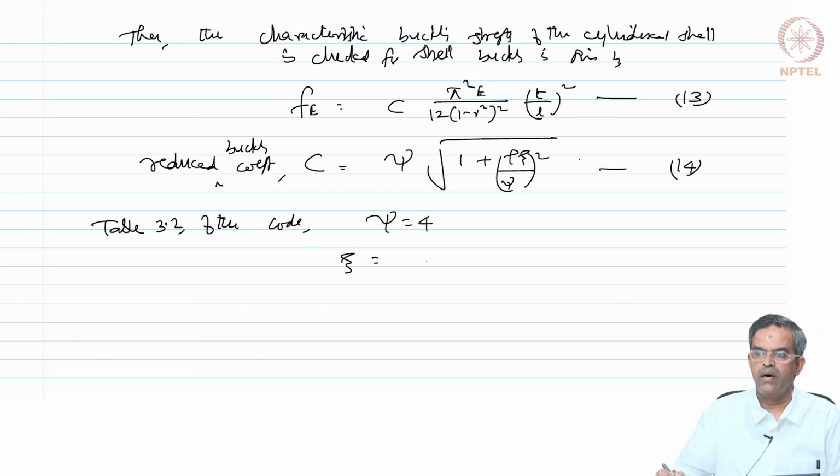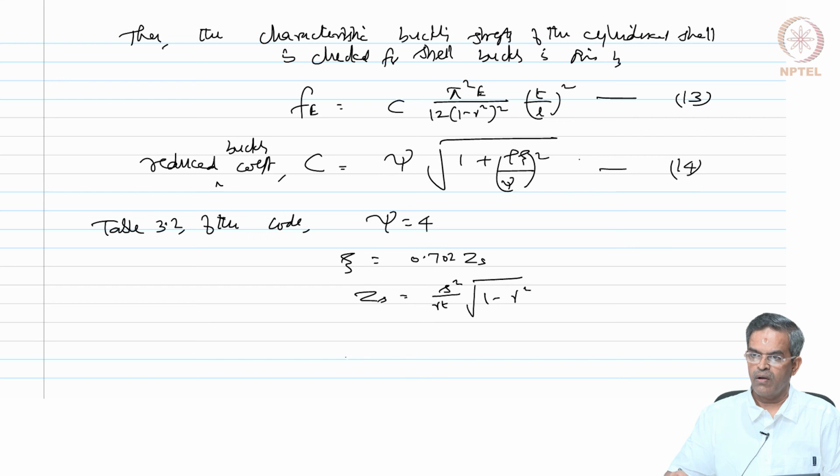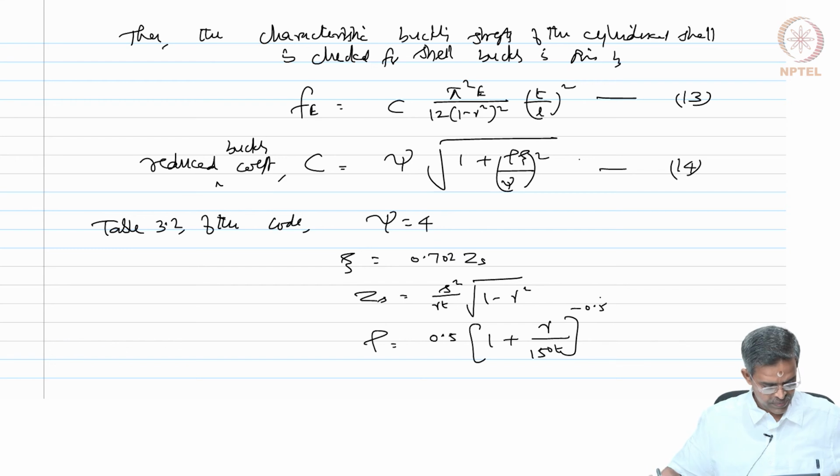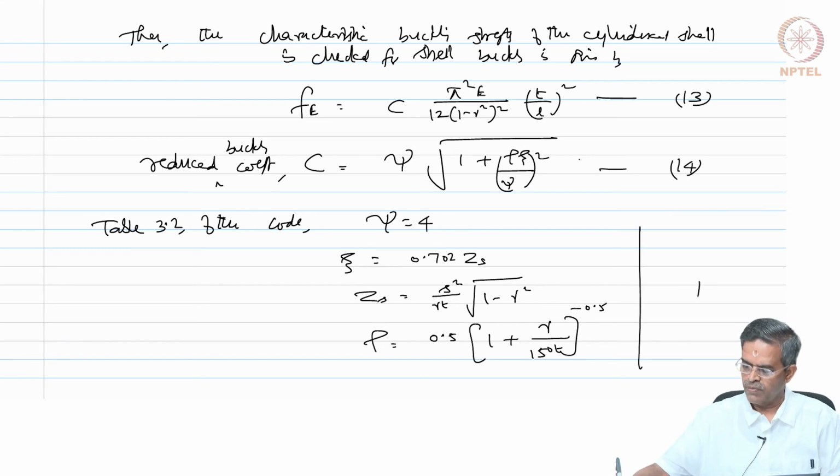So, zeta will be 0.702 Zs. Zs is S square by RT times root of 1 minus nu square. Rho is 0.5 square root 1 plus R by 150 T minus 0.5. We call this equation number 15. So, now we already know the spacing between the lateral stiffeners.